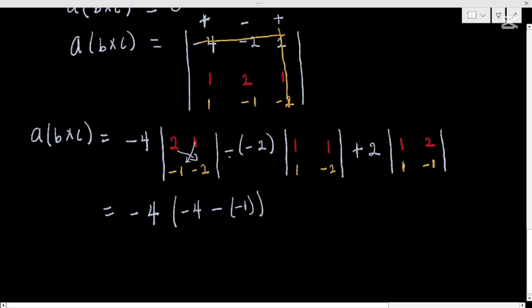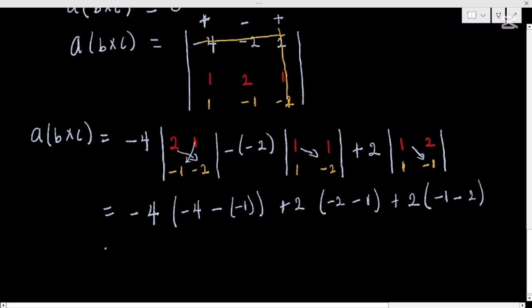Here now, minus times minus will give us +2 into bracket 1 times -2, that will give us -2, minus 1 times 1, that is 1, plus 1 times -1, that's -1, minus 2 times 1, that's 2.